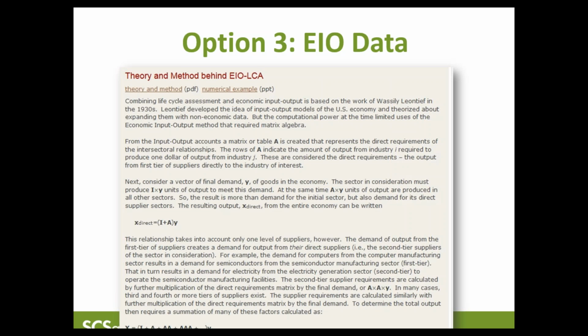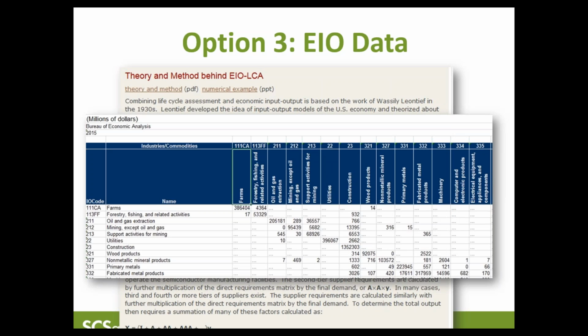Now, I won't go into the details of this, but this essentially has a complex algorithm for calculating these results that takes national economic statistics, has national average greenhouse gas factors for each of these sectors, and has a matrix multiplier across all sectors. So it gives a very holistic evaluation, at least in terms of the categories covered, of greenhouse gases per dollar of spend for each of these economic sector categories.